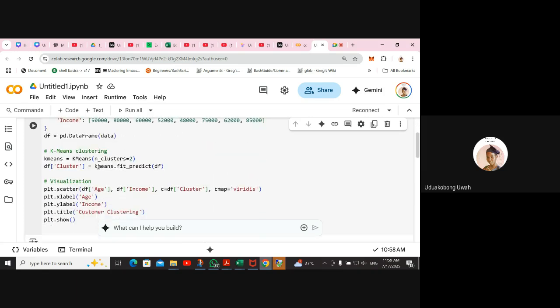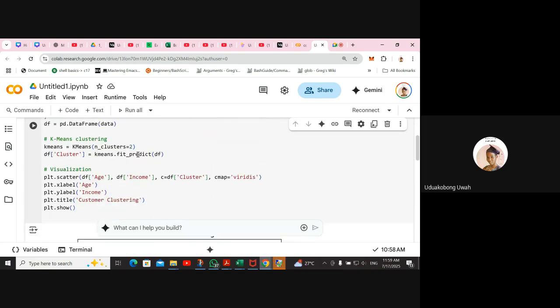So what this does is it will learn the patterns in the data sets and form clusters based on their similarities. It assigns each data point to one of the two clusters I specified. If it matches the first one, it assigns it to that one. If it matches the second one, it assigns it to that one.